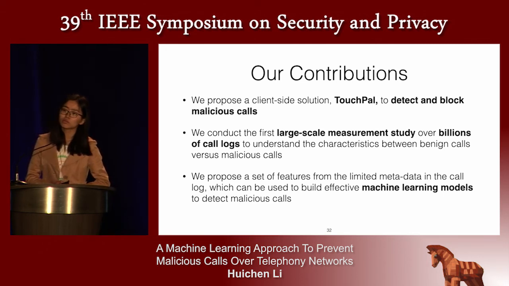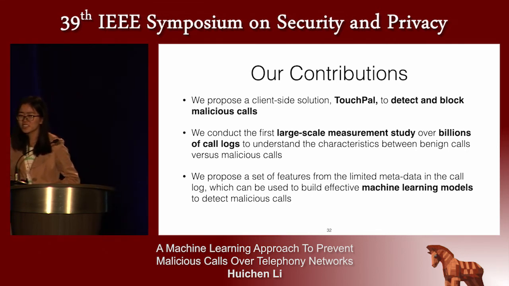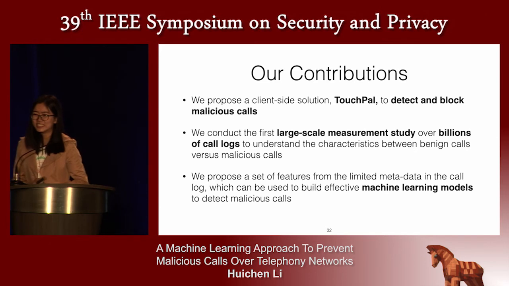For example, how many of the malicious calls in China are using caller ID spoofing? Because I know that in the United States, almost all of my calls are spoofed. Sorry, let me rephrase. How much of the calls in your data set do you think are spoofed? And is caller ID spoofing a bigger problem in China than in the US?